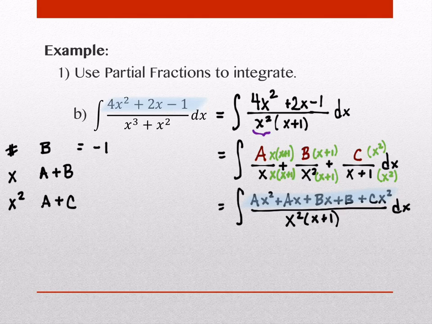We know that b is -1 because of the way this particular problem worked out. What is our linear coefficient? 2. So can I use the fact that b equals -1 right here to solve for a? Yeah. So what would a be? 3, right? If I plug in -1 for b, a would have to be 3.